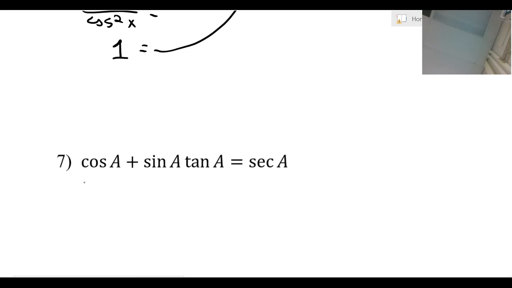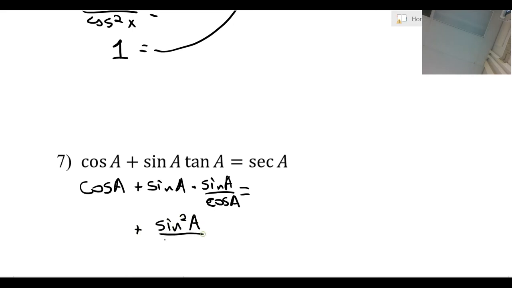Seven, I look at this one, and I have cosine A plus sine A times sine A over cosine A. That's going to give me a fraction in the second part of sine squared A over cosine A. Now, I want to add these two values, because on the right-hand side, I just have a secant, a single term.